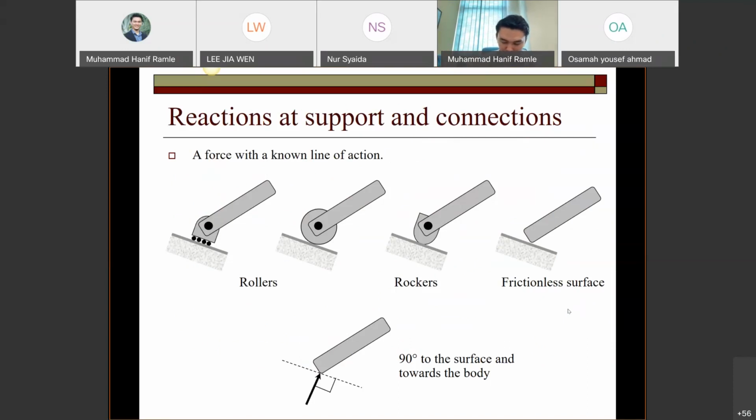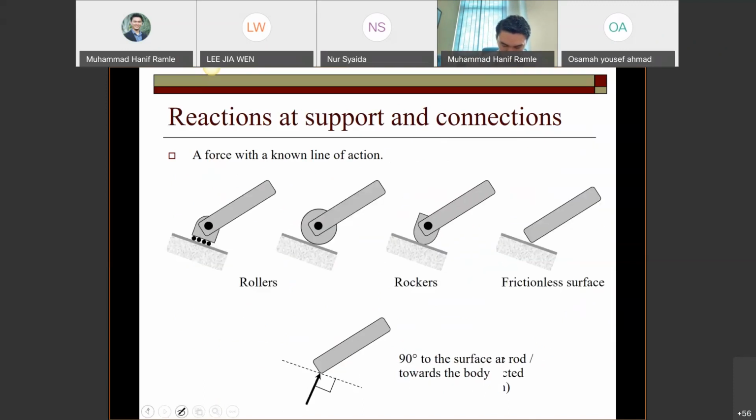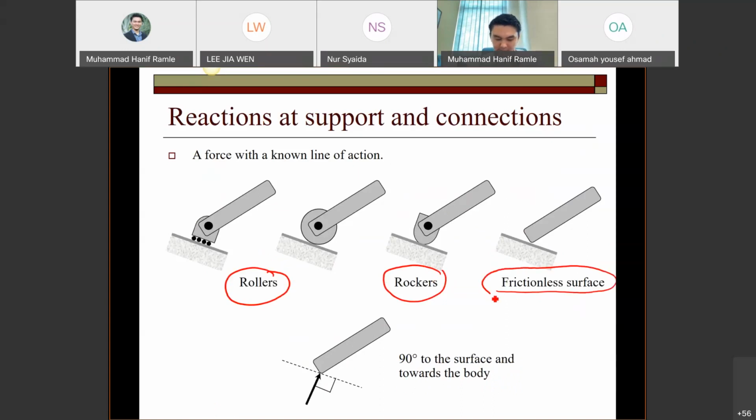Okay, we do have rollers, rockers, and frictionless surface. Three types of conditions. So rollers. If you look at this, we have a rigid body connected with a pin to another rigid body, and at the bottom part, which touches the surface, there is a ball or rollers.